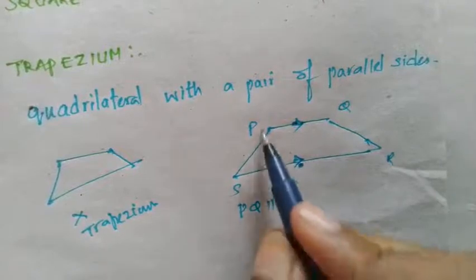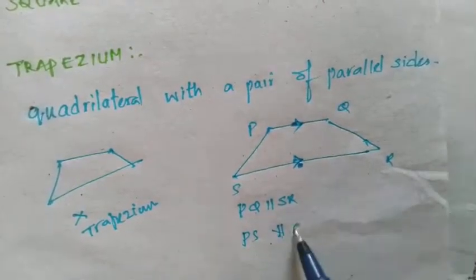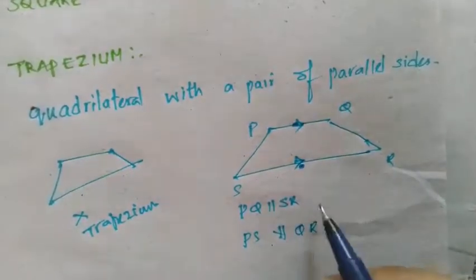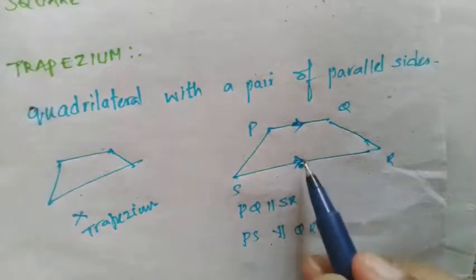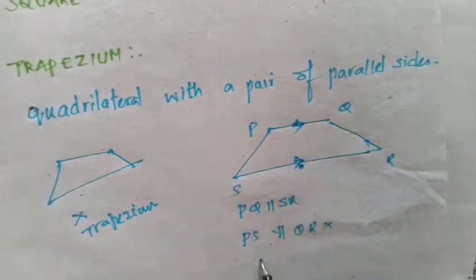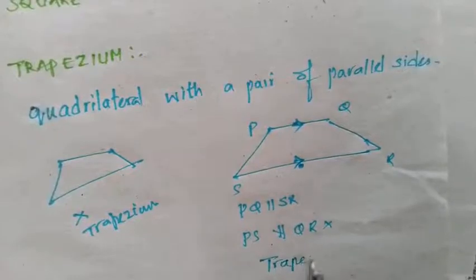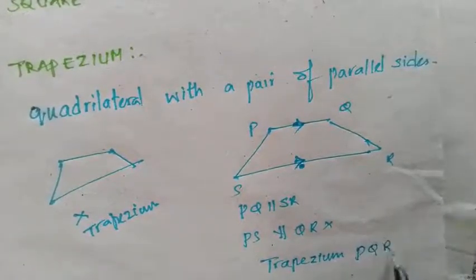And PS is not parallel to QR. So if only one pair of sides are parallel in a given quadrilateral, then it is becoming a trapezium. PQRS.